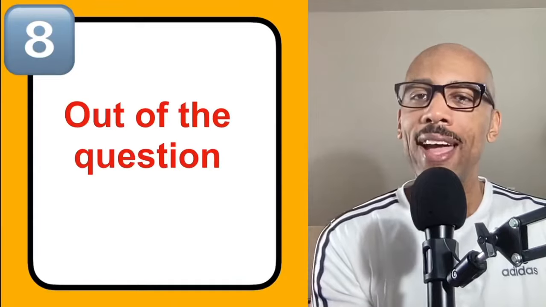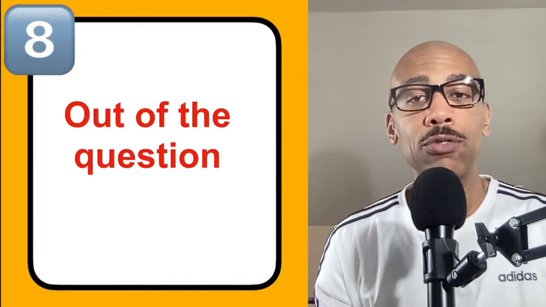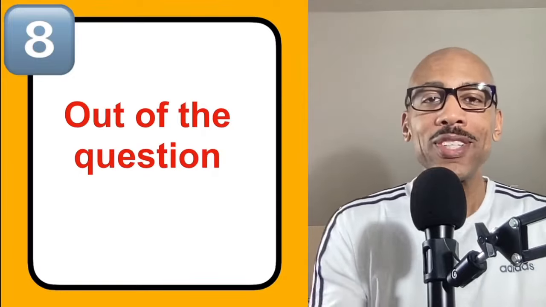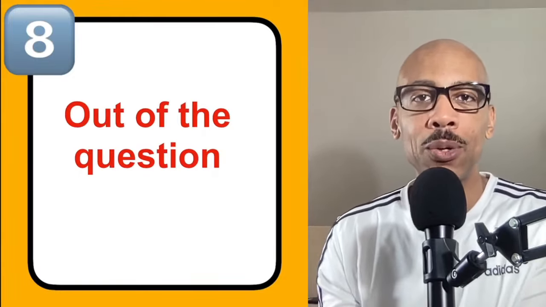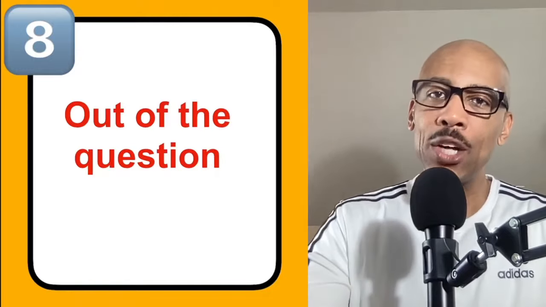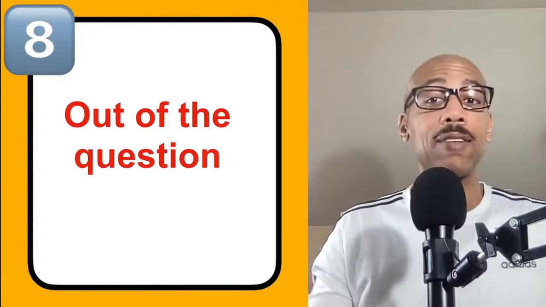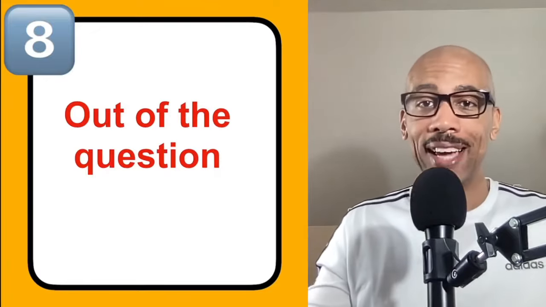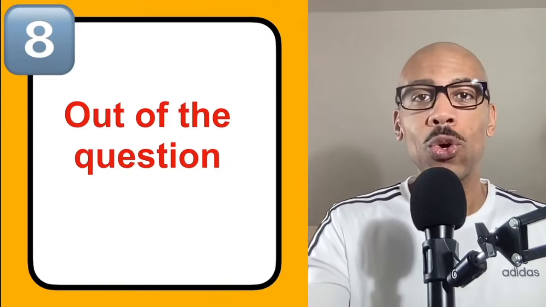All right. Our eighth prepositional phrase using the word out is out of the question. So when someone asks you a question and you want to tell them no, another way to say no instead of saying no is just saying, that's out of the question. I'm not doing that. Will you take me to the store?